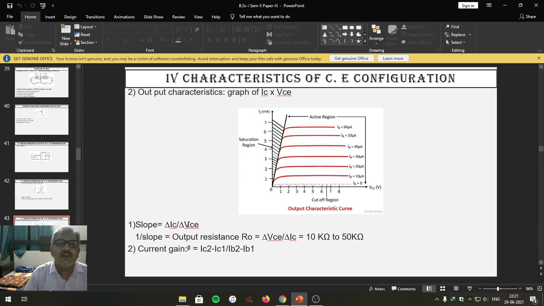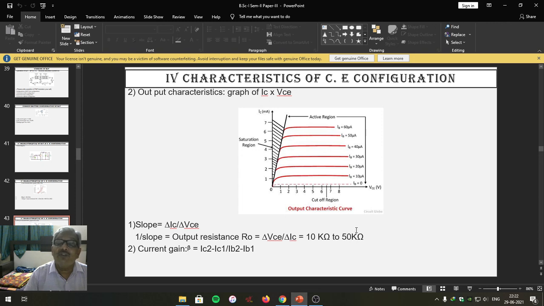Take its reciprocal, that is 1 upon slope, which gives delta VCE upon delta IC. It is the ratio of change in output voltage upon change in output current, that is output resistance. For common emitter configuration, output resistance is between 10 kilo ohm to 50 kilo ohm.